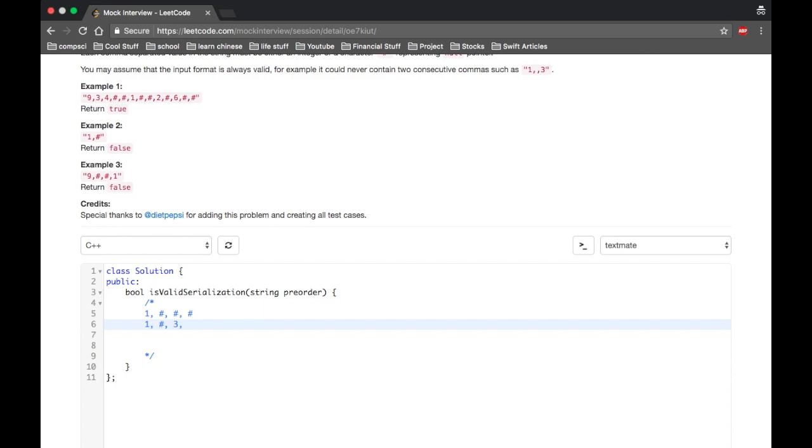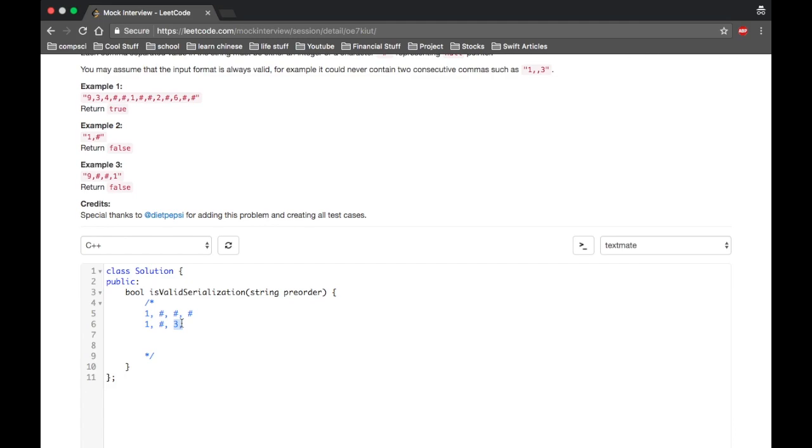And then yeah, so at this point we don't really have to care about anything on the left side anymore, because this is just the right child, and then everything past this point is going to just be the children of this 3.